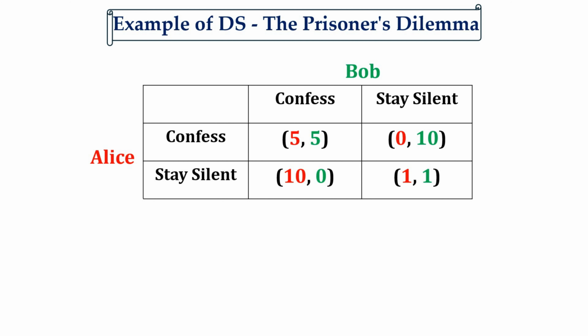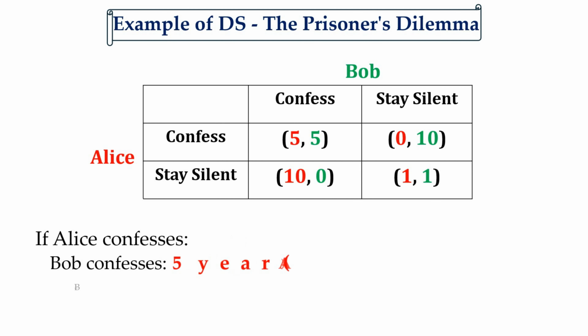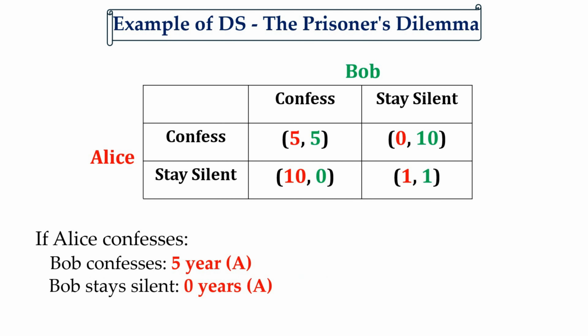Let's analyze this. If Alice confesses and Bob confesses, then Alice will get 5 years in jail, and if Bob stays silent, then he will get 0 years in jail.